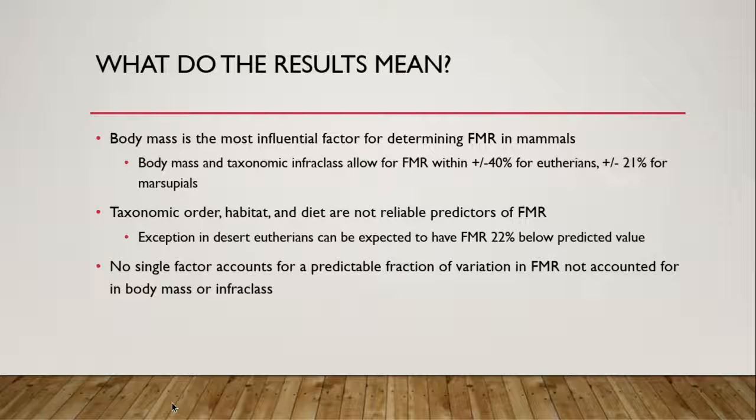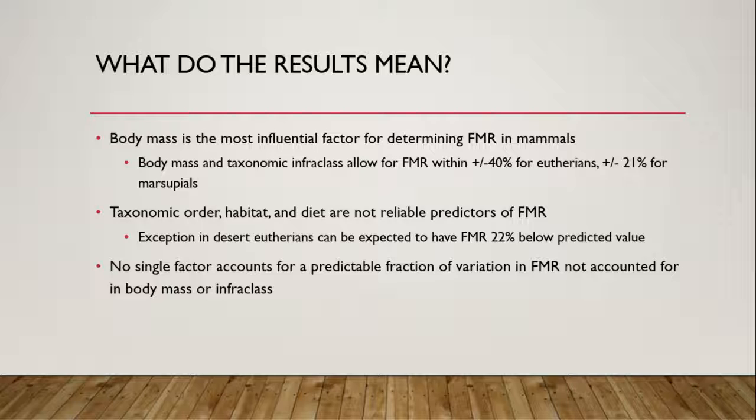So what do these results all mean? Body mass is determined to be the most important predictor of FMR values along the scale. Together, taxonomic infraclass and body mass account for within 40% of variation in eutherian mammals and 21% in marsupials.